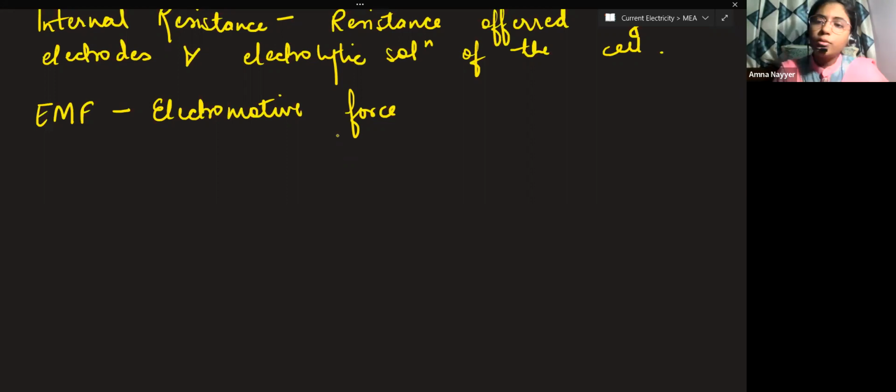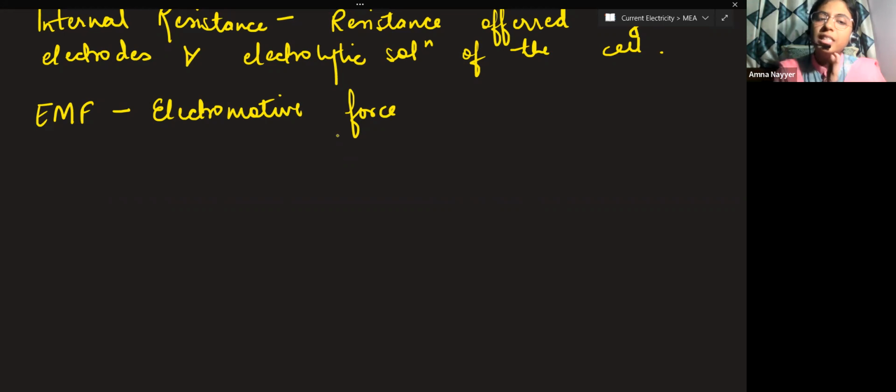This is not a force. It's just a name given by convention and we are using it. Do not equate it to force and do not apply whatever properties of forces you have studied. This is completely different.